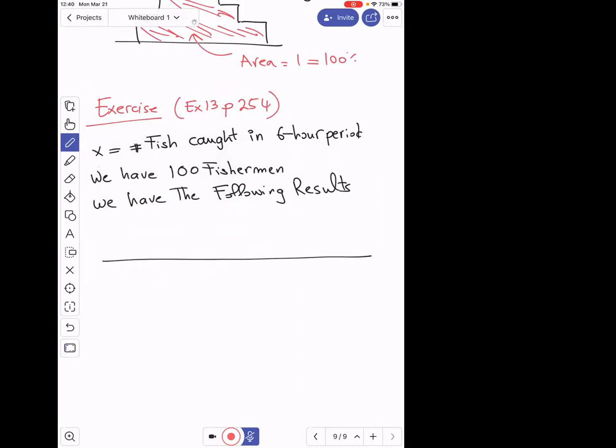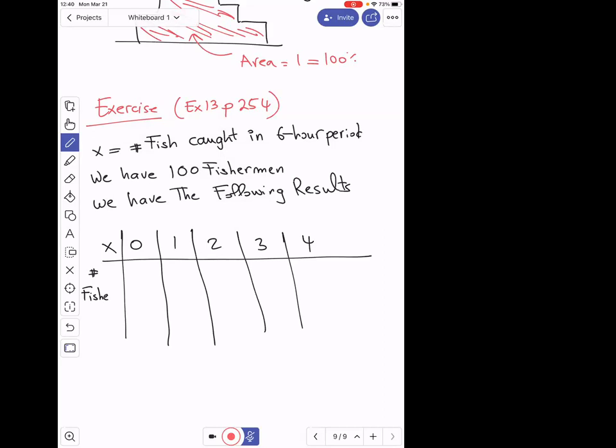So x, that's the number of fish caught in a 6-hour period. So let's say here x can be 0, 1, 2, 3, and then 4. Okay. And then we have the number of fishermen. And so of course the size of the sample is 100, right? In total we have 100 fishermen.